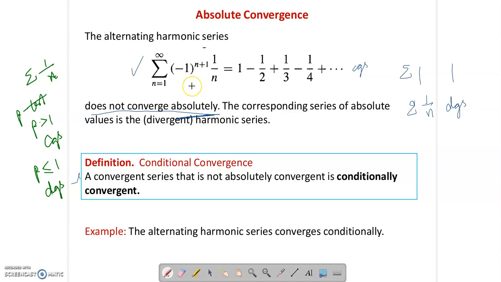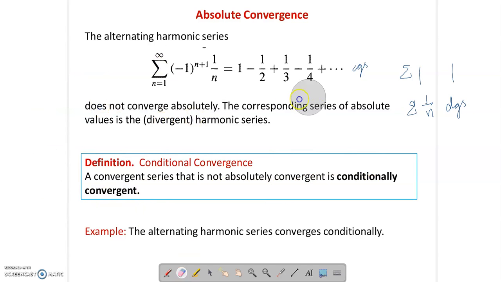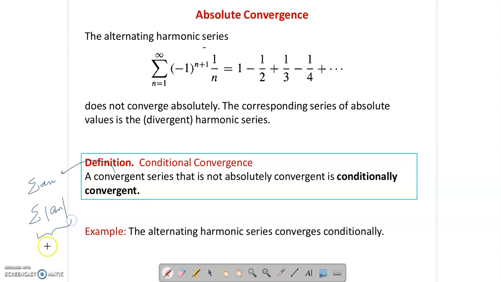With this, we have another definition, which is conditional convergence. What is conditional convergence? A convergent series that is not absolutely convergent is conditionally convergent. So we have a series which is a convergent one. Then you consider the series of absolute values. Now this series is not convergent.